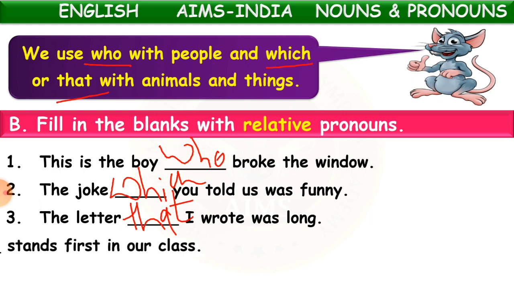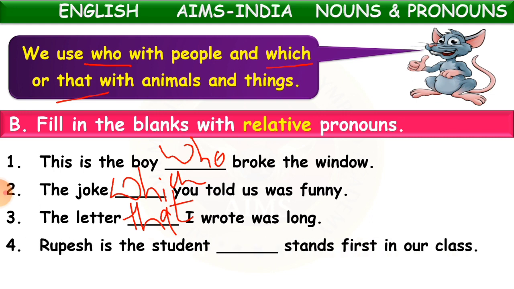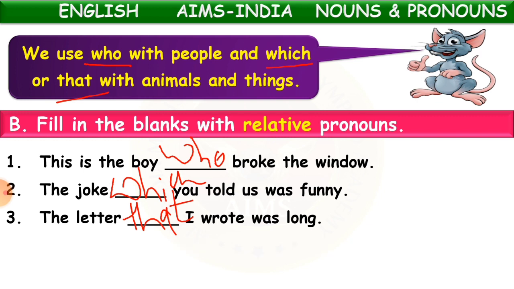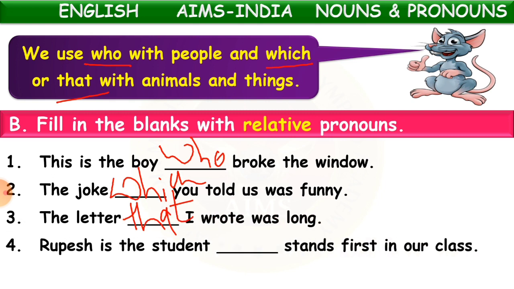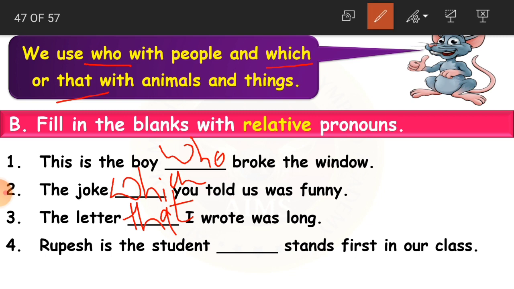Now, Rupesh is the student dash stands first in our class. Who stands first? Rupesh is a student who stands, because he is a boy, he is a person, we'll refer with who.